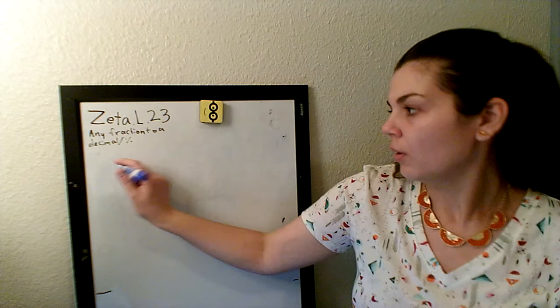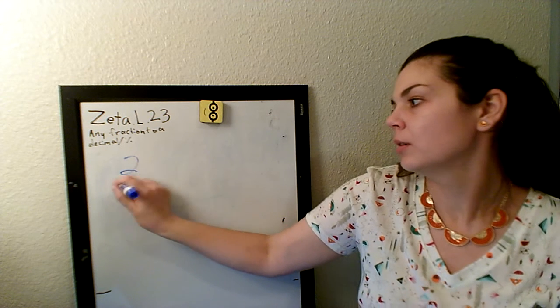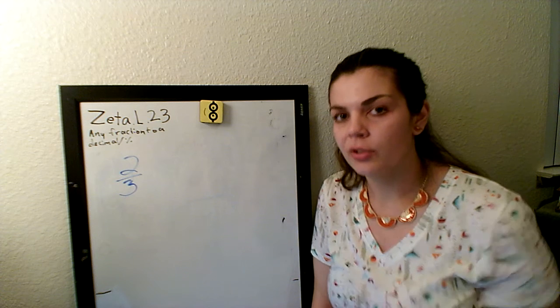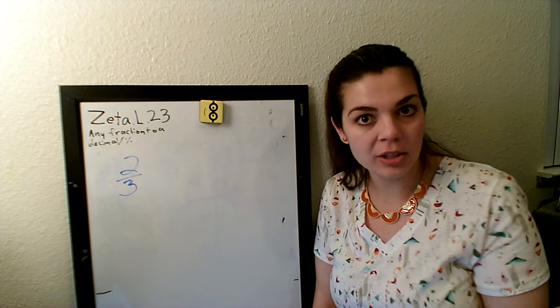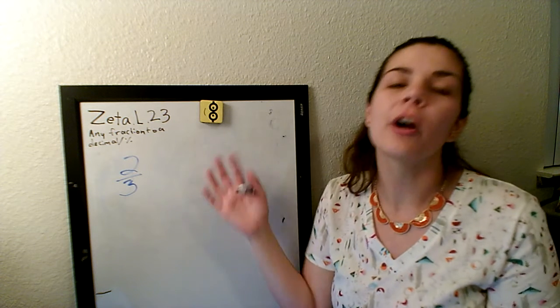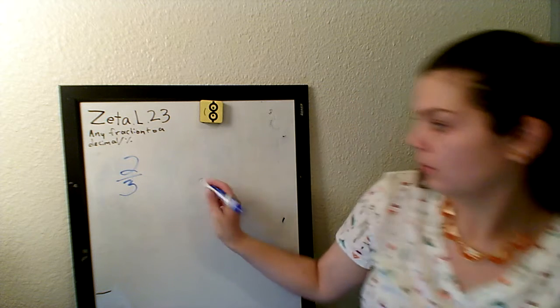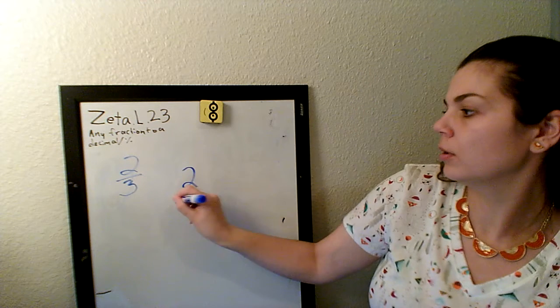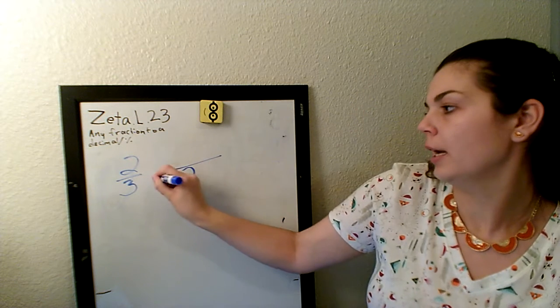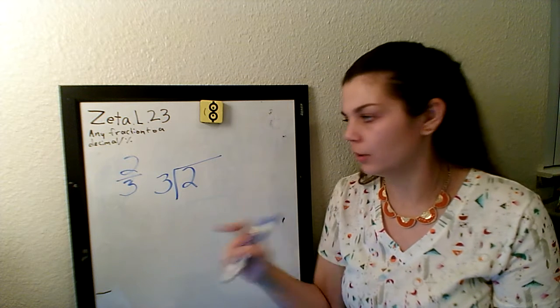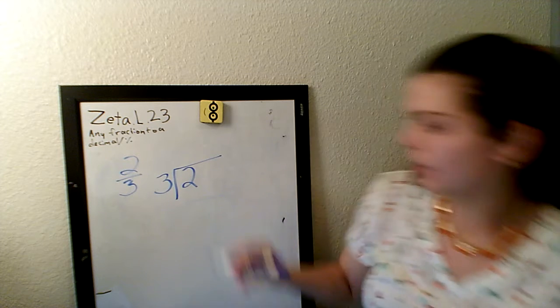Example 2, if we have the fraction 2/3. Now, it's 2/3, but how would we actually say this? For our problem, 2 divided by 3. So that means I'm going to do my 2 divided by 3. Okay, so I will get my decimal. How many 3's go into 2?